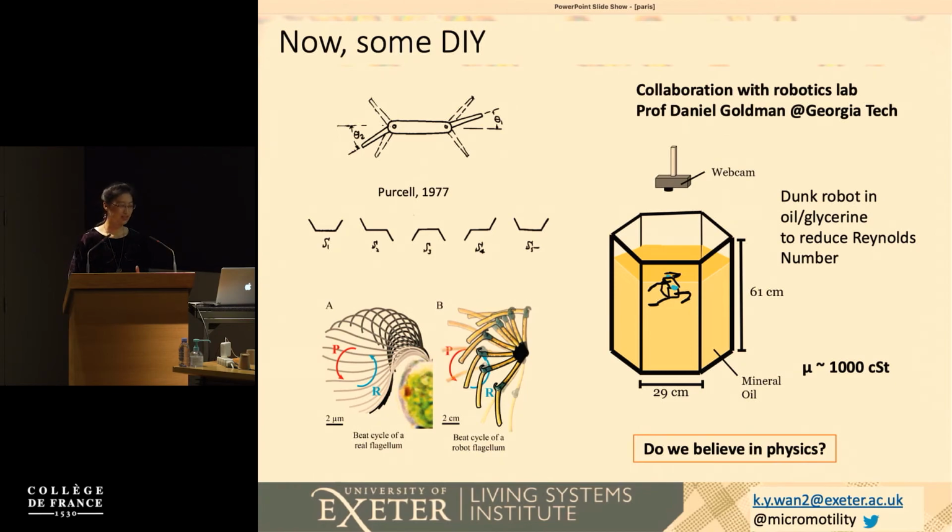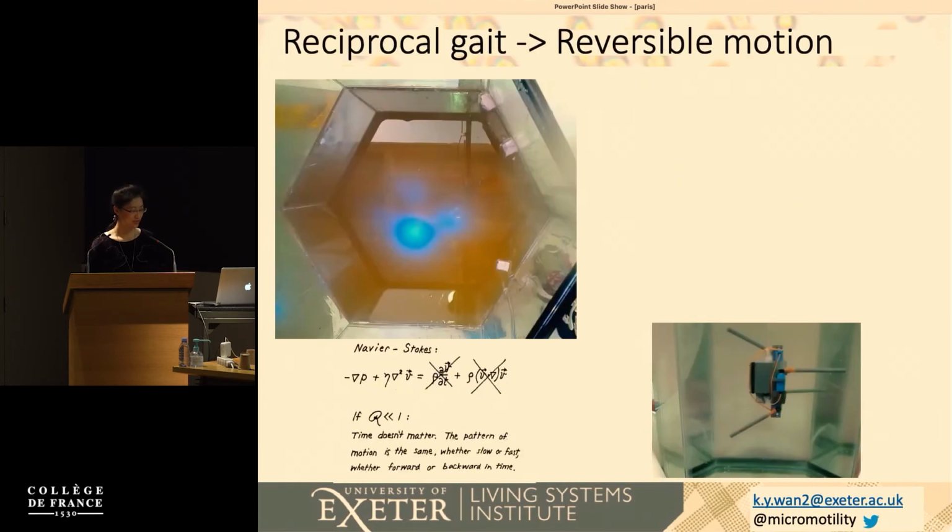And the way to do that, looking at the scale bars here, is to increase the viscosity of the medium in a way that matches the Reynolds numbers that the cell would really experience. And so just to cut a very long story short, you can test things such as reversibility. A robot that swims with a rigid flagellum is really unable to go anywhere.